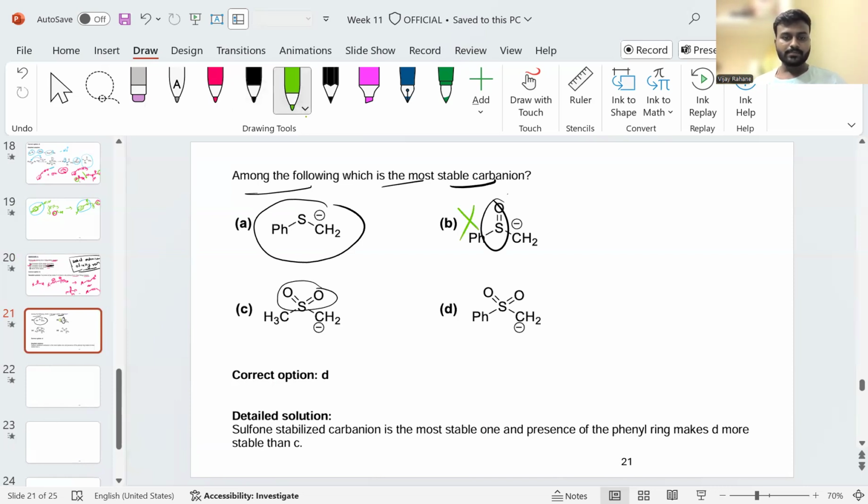So again, I will draw it in the manner of stability order.